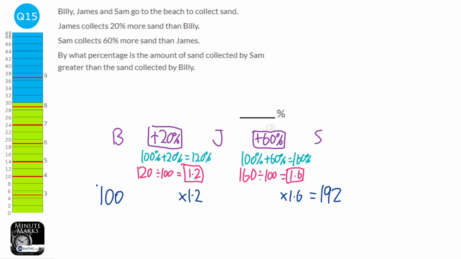We started off with Billy's 100, we just made that up, but it makes the maths nicer to use. And we ended up with Sam having 192. Well, what is 192 as a percentage increase of 100? The reason we picked 100 is we can clearly see that it's gone up by 92%. So our answer is 92%.